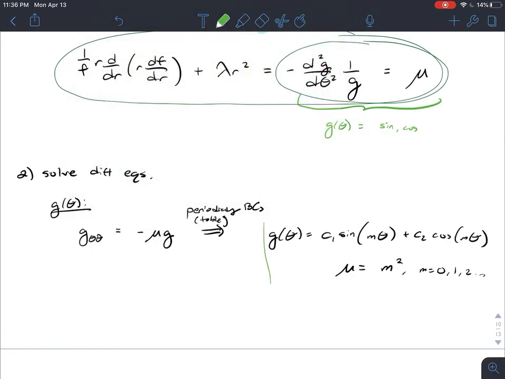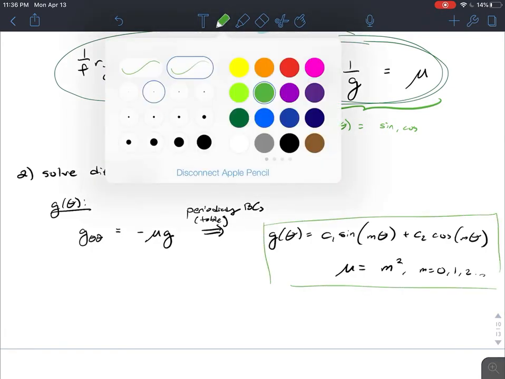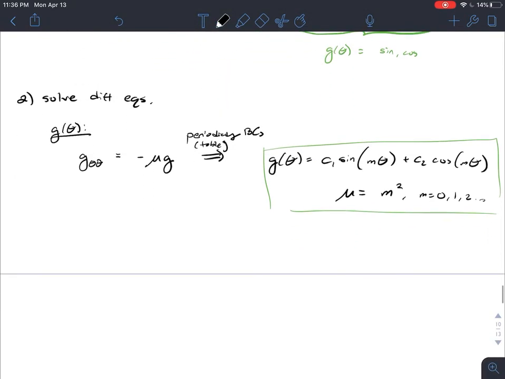Great. So this is something important that we should probably keep down the road. But note that mu starts from 0, so we have to consider the mu equals 0 case down the road.